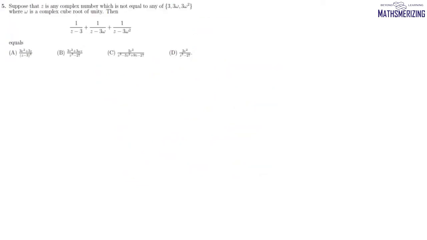Now here the question is, suppose z is any complex number which is not equal to 3 omega and 3 omega square, where omega is the complex cube root of unity, then we need to simplify this expression.